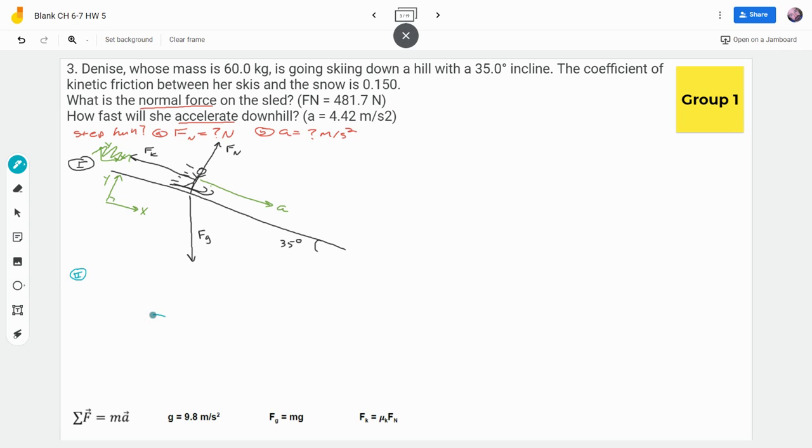Draw the box at an angle, to match the Denise that we have at an angle. Because remember, in our sketch, that is new x and that is new y. But yeah, so you draw your box, and Denise, yeah, she's at an angle.